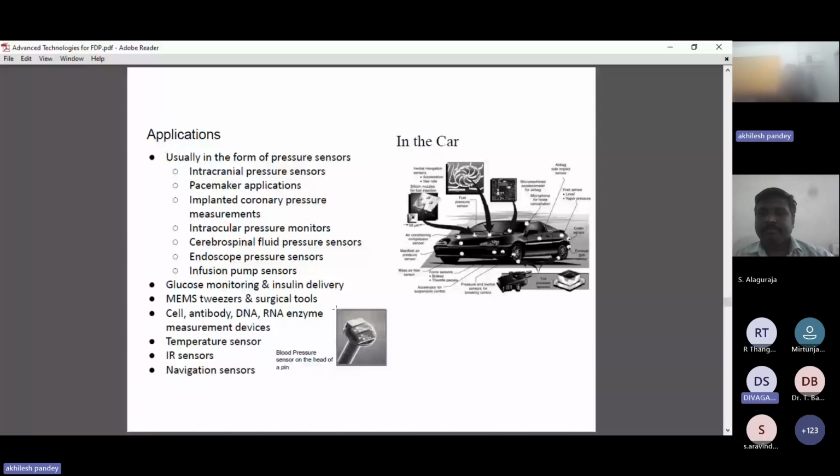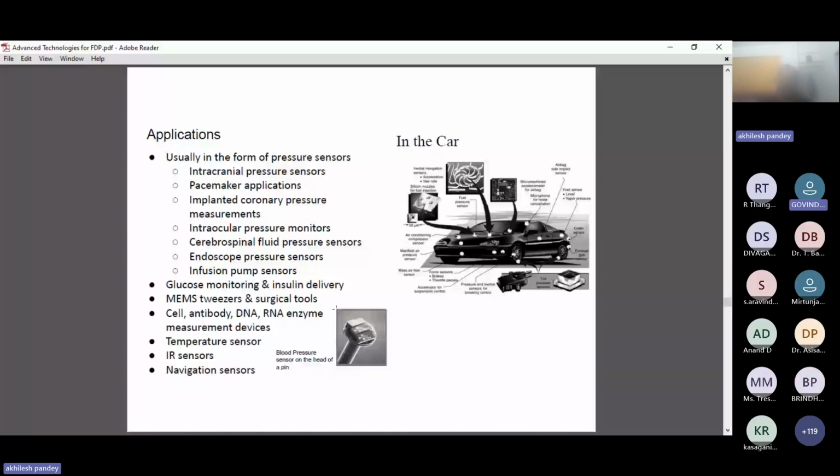In applications, MEMS can be used in various medical applications like pacemakers. Pressure sensors can be used for implanted coronary pressure measurements, intraocular pressure monitors, endoscope pressure sensors, and infusion pump sensors. It can be used in glucose monitoring, insulin delivery, MEMS tweezers, and surgical tools.